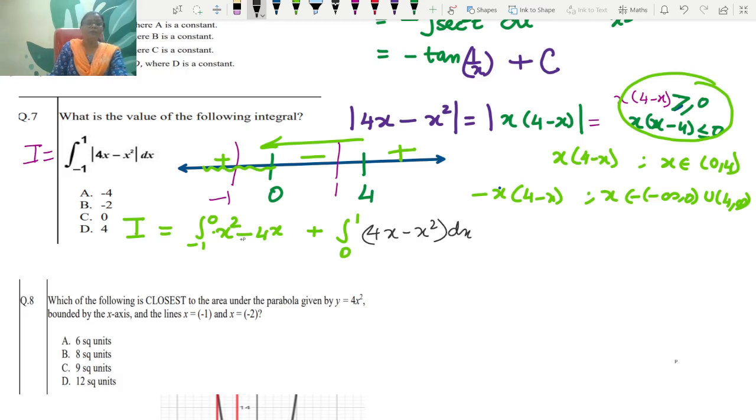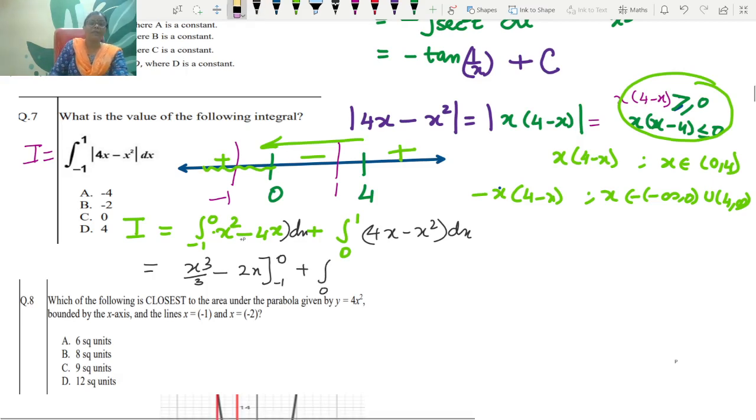So we have to integrate both functions separately. When you integrate it separately, we get x cube upon 3 minus 4x square upon 2, that is 2x square, with the limit from -1 to 0. The second expression we will also integrate.